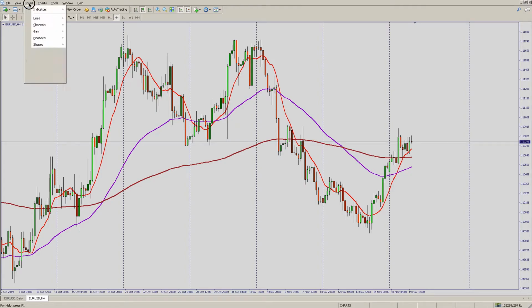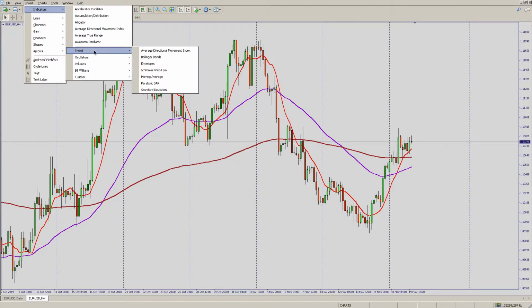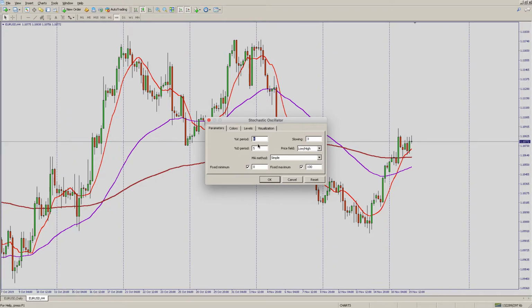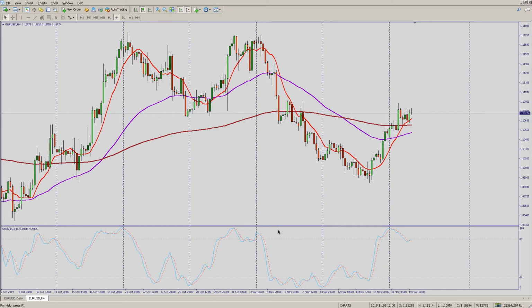We can set a different indicator, let's say, a stochastic indicator. These are some of my settings. We can just use the default 14, 3, 3 and visualization at only the 4 hour, and yeah, just leave it at 4 hour for now.